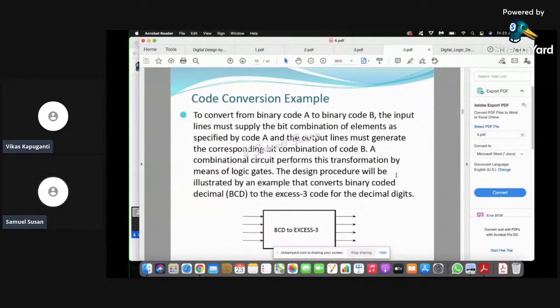Once you get the equations, you can draw the circuit diagram. As an example, you have code conversion examples here: BCD to XS3, and similarly gray to binary, binary to gray. For all design questions of a combinational circuit, you can follow the same thing.